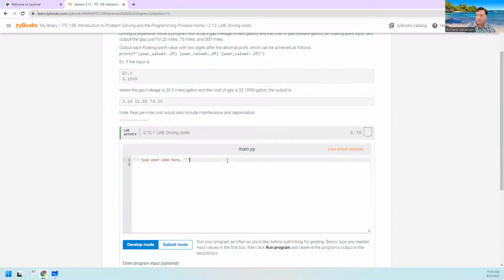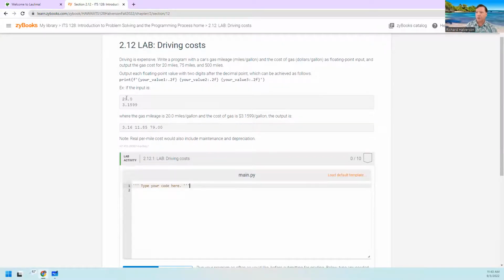First of all, we are going to ask the user for the miles per gallon. I'm going to call it miles per gallon, and it equals asking the user for input. I'm going to make a floating point number out of that, so around the input I'm going to put float.